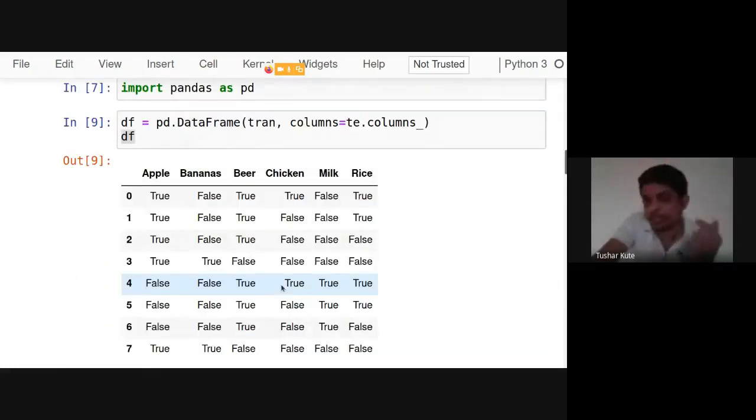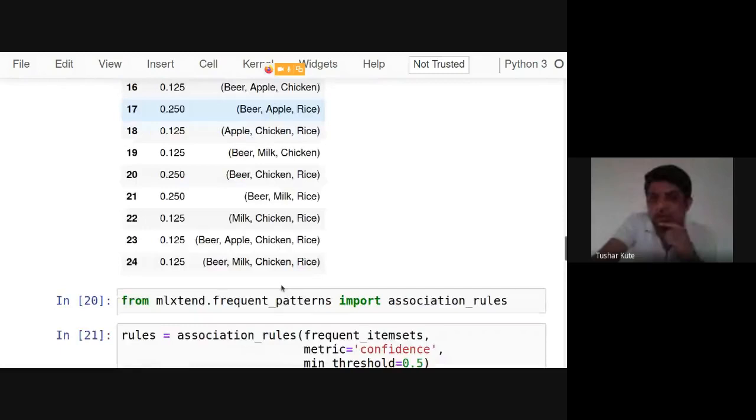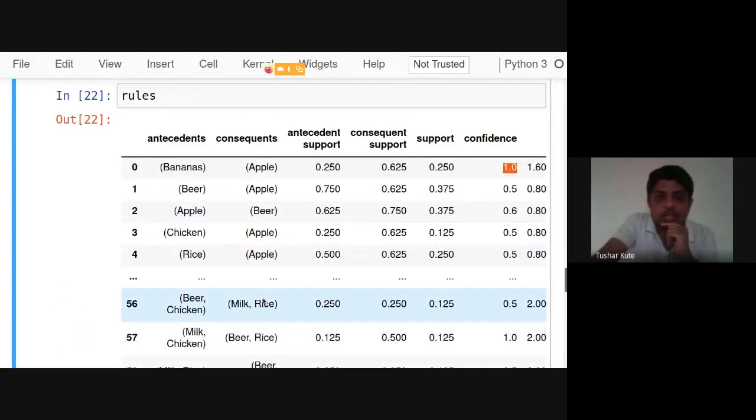Banana is coming 2 times, and along with that, apple is also coming 2 times. Yes, 100% confidence. See, antecedent: if this, then that. Consequent: then that. Antecedent support and consequent support, and the support of both together, when they are coming together.